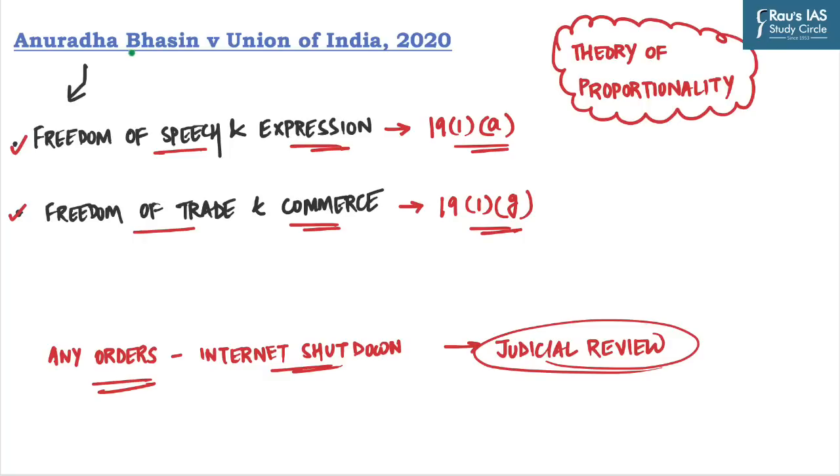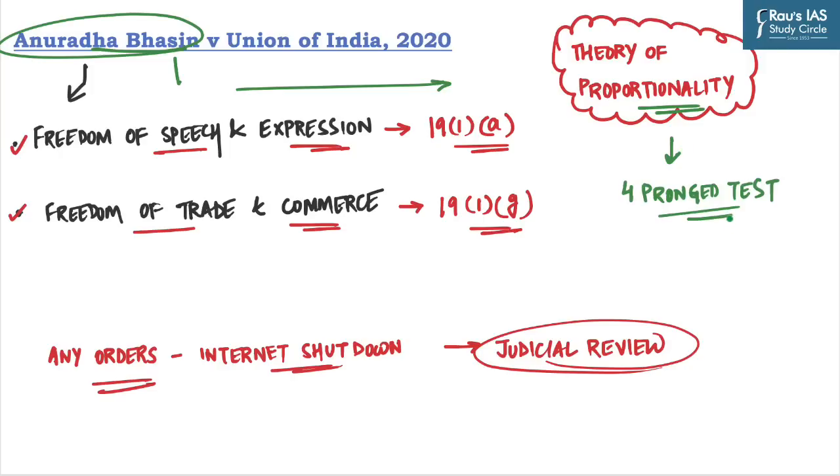Further, Supreme Court in the Anuradha Bhasin judgment signals towards the theory of proportionality, which is often applied in constitutional law. It focuses on balancing the objectives of government action against the impact on individual rights. And it lays down a 4-pronged test. The first one is the legitimate goal test, which means whether the measure restricting rights serves a legitimate goal.